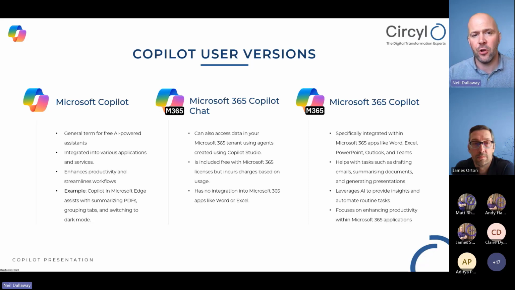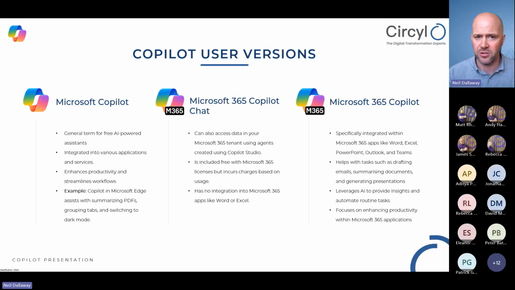Now, the next level up is Microsoft 365 Copilot Chat, and that comes with anybody who has a Microsoft license. So in most cases, if you're using Microsoft as your platform, you will have Microsoft licenses and therefore have access to Microsoft Copilot Chat, which is essentially very much like Copilot, but it makes more use of your tenant and your information within what you hold.